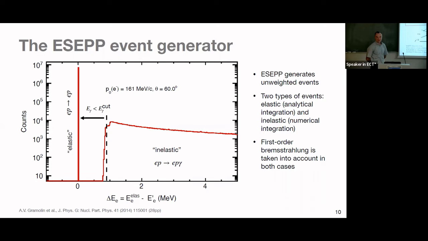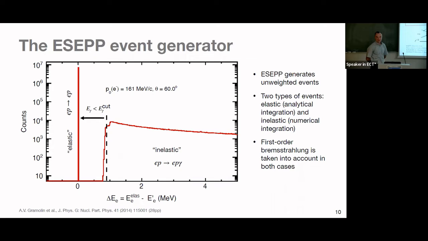There is a class of events which are called elastic. These events do not have a real photon in the final state in the output of this event generator. That's giving here the spike at 0. That's where the elastic scattering events are sitting.